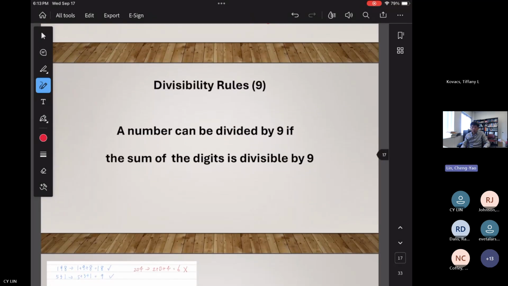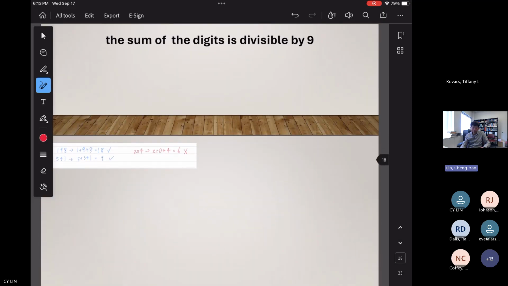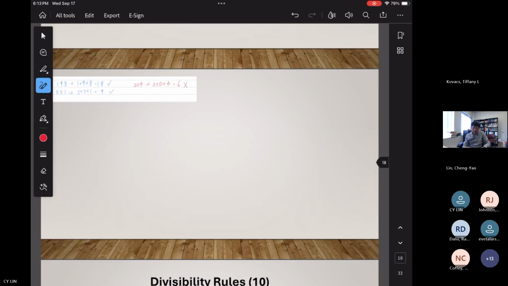Next one, divisibility rule of 9. A number can be divided by 9 if the sum of the digits is divisible by 9. So, for instance, like 198. Is 198 divisible by 9, yes or no?